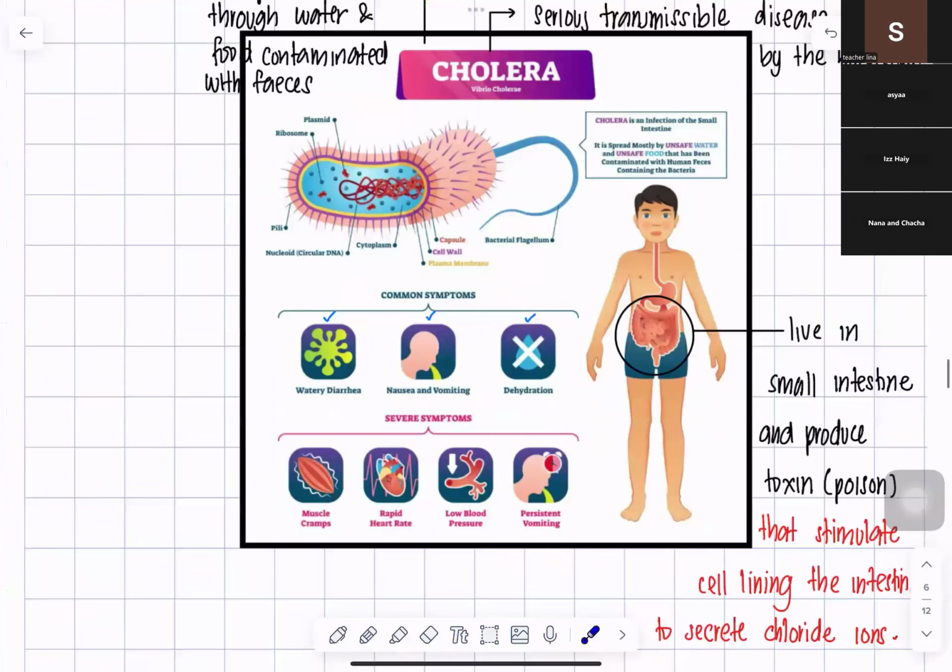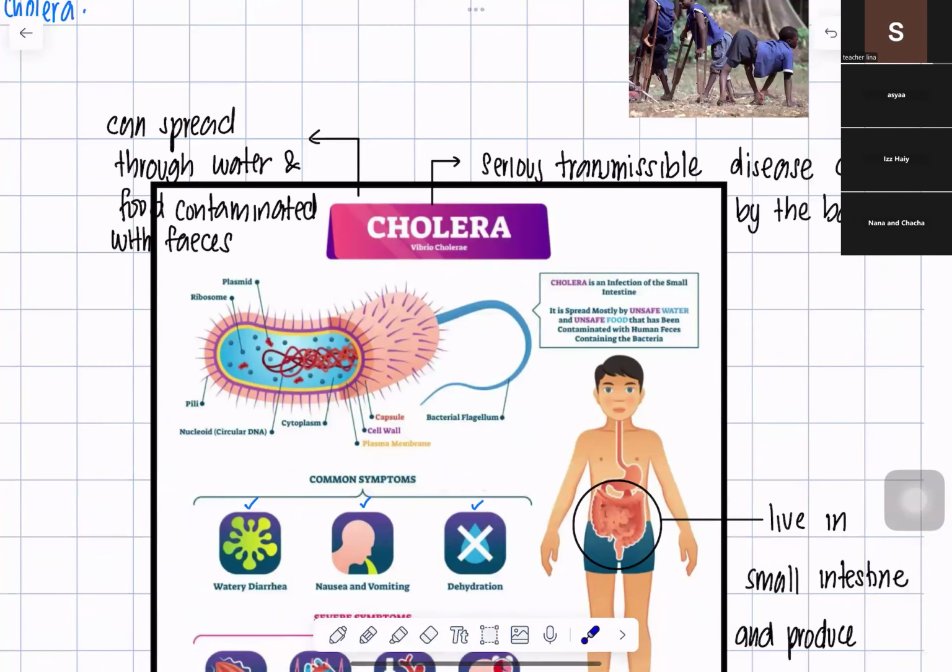So teacher repeats that. Cholera can spread through water and food contaminated with feces. It is a serious transmissible disease caused by the bacterium. It's not a virus, it's a bacterium. When you eat food or drink contaminated with cholera, it will start to multiply in the large intestine to produce a lot of cholera bacteria.